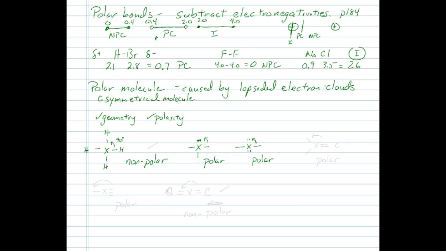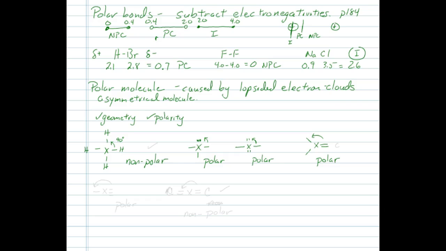If you have a trigonal planar with a double bond, you rotate that through 120 degrees, and the double bond replaces the single bond, which replaces the double bond, and it changes. So that would be polar also.